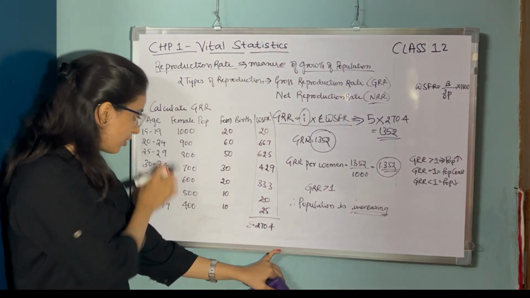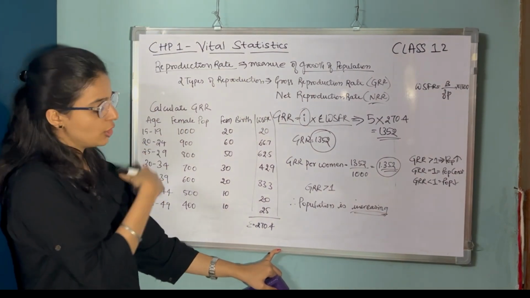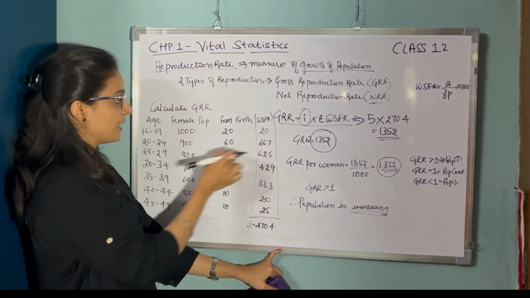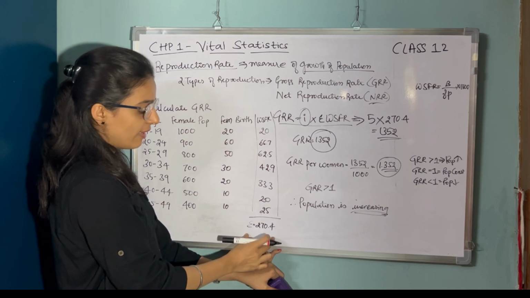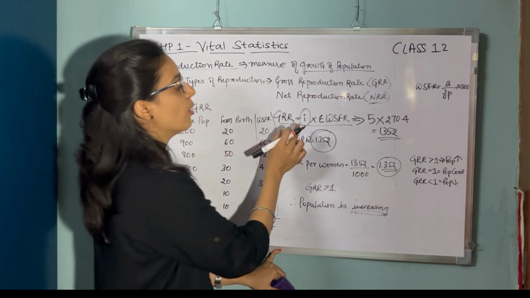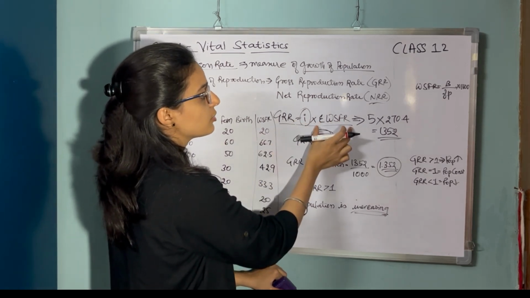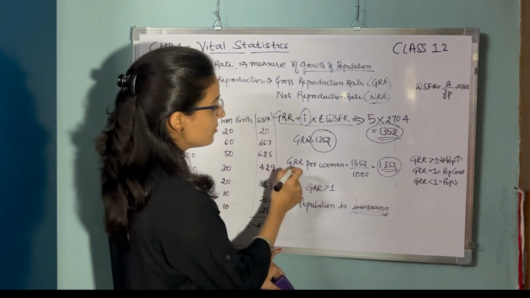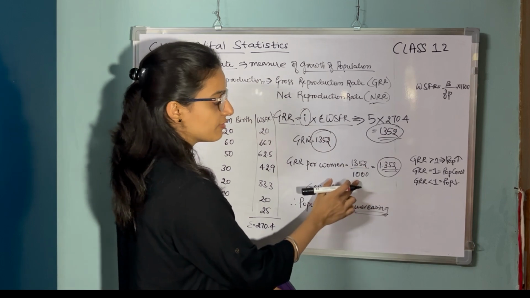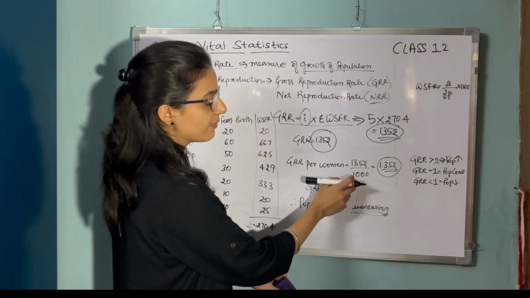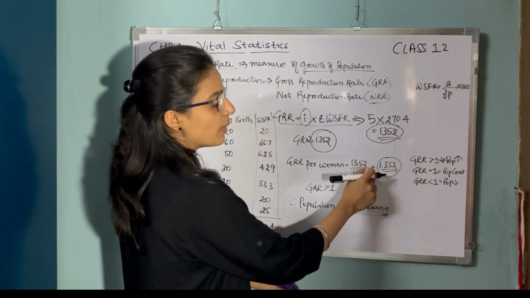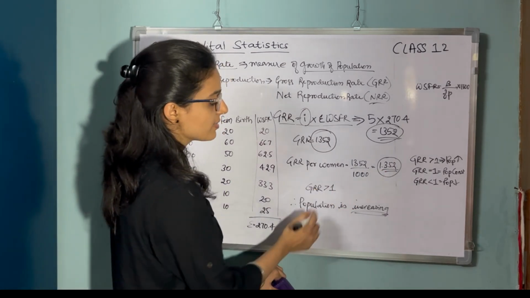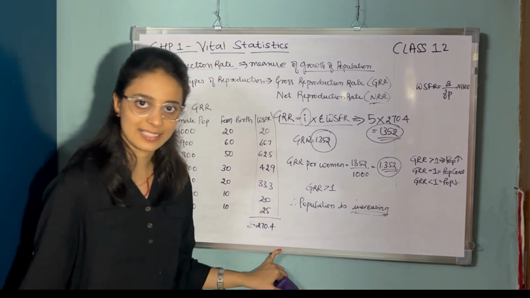We calculated WSFR for specific age groups, totaled it, and substituted into the formula to get GRR as 1352. GRR per woman is 1352 divided by 1000, which is 1.352, greater than 1. So since GRR is greater than 1, population is increasing.